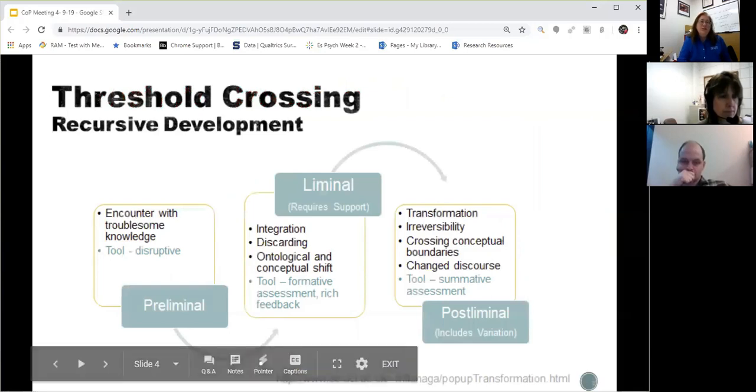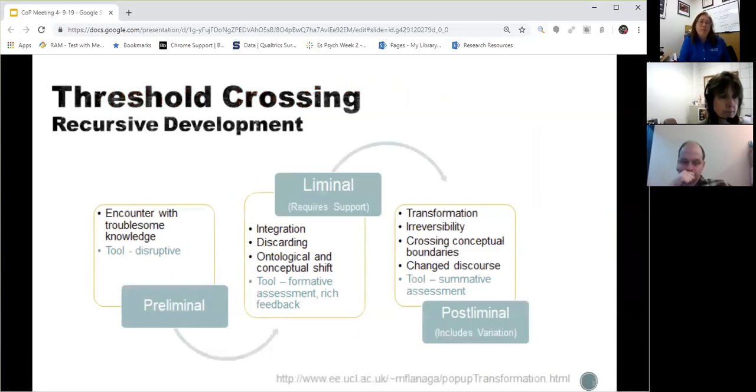She also gave us this diagram talking about the threshold crossing, and we're going to be referring back to parts of this diagram throughout the rest of the presentation. We talk about these students being on a journey through developmental stages, which starts with preliminal, and that's where all of us come in as instructors.